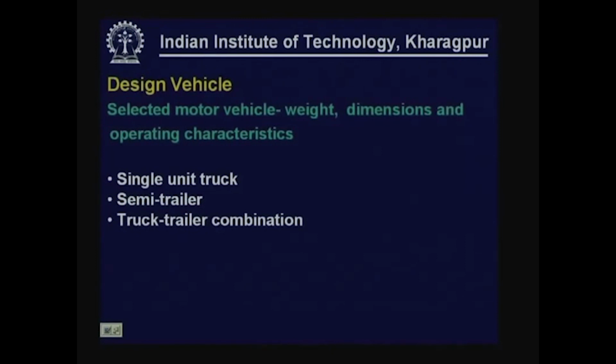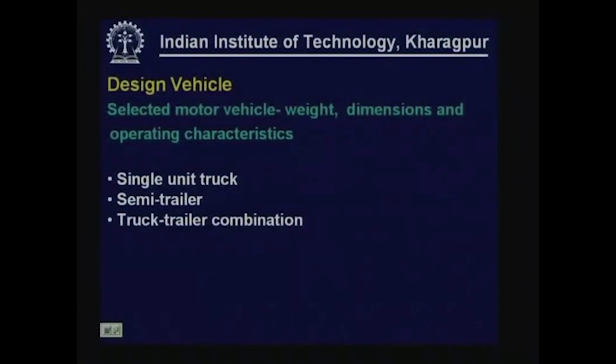Design vehicles. Different vehicles have different weights, different dimensions, and different operating characteristics. So, it is understood that their requirements will also be different. Now, the question is, for which vehicle should the road system be designed?